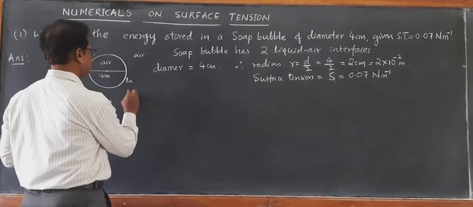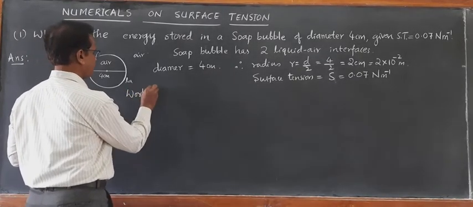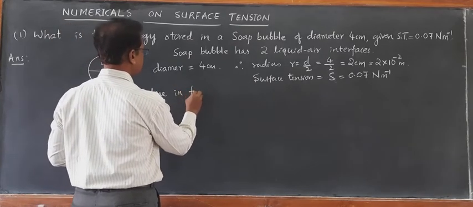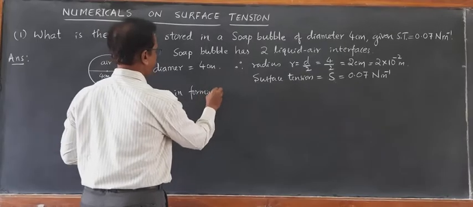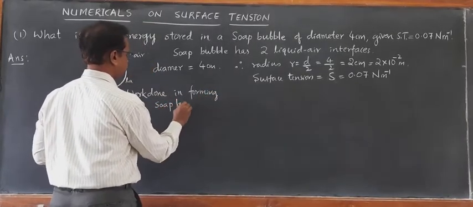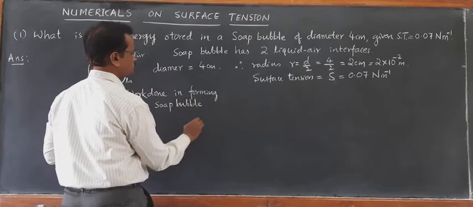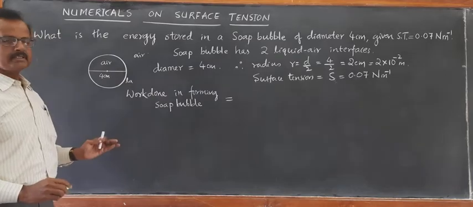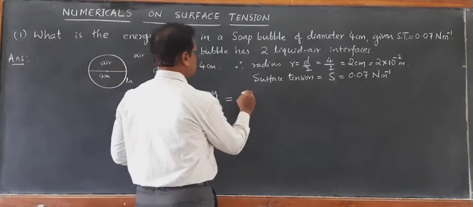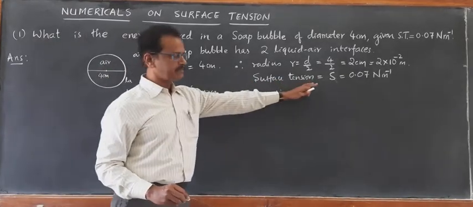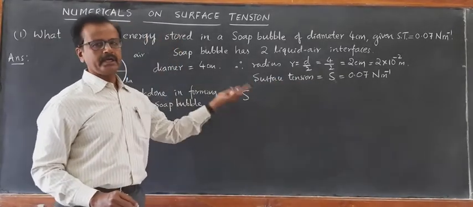So I will calculate the work done in forming the soap bubble. Work done in forming the soap bubble is calculated as surface tension, which is surface energy per unit area, into area.